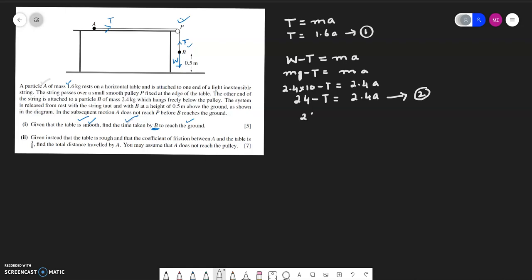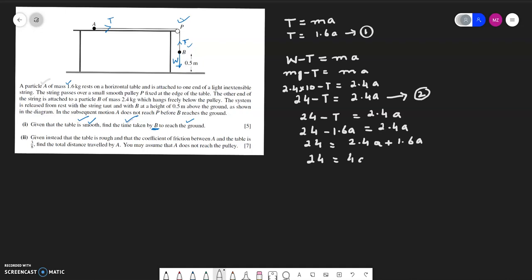It will become 24 minus 1.6a is equal to 2.4a, so 24 is equal to 2.4a plus 1.6a, and this will become 24 is equal to 4a, and this implies that a is equal to 6 meters per second squared.